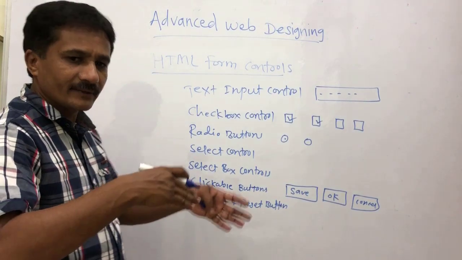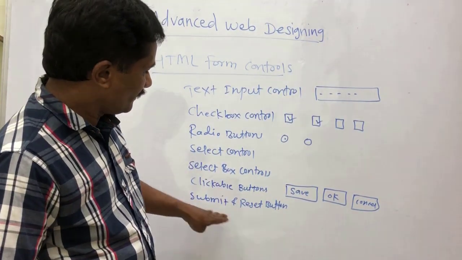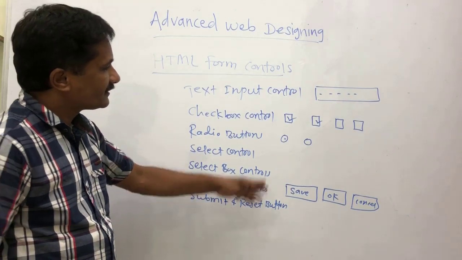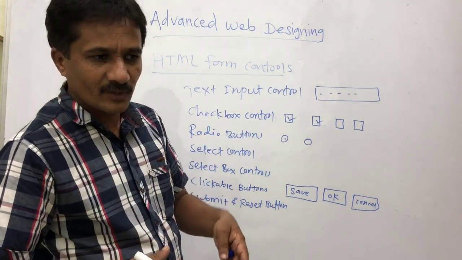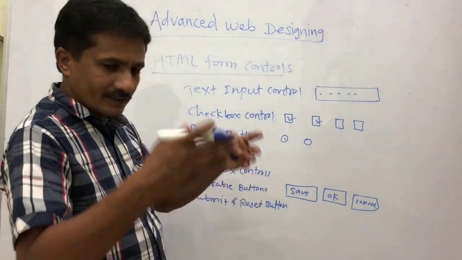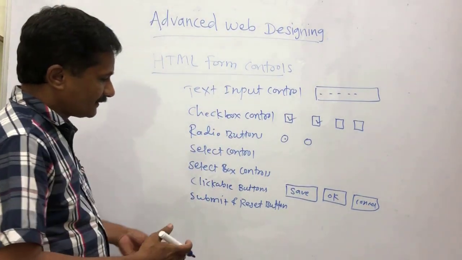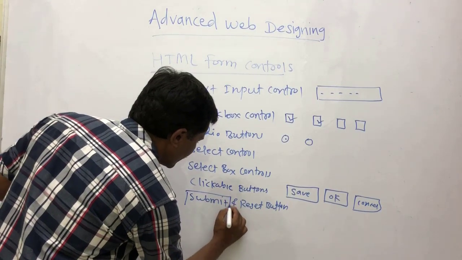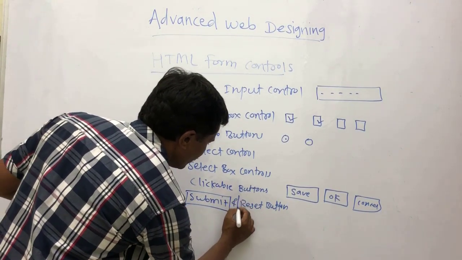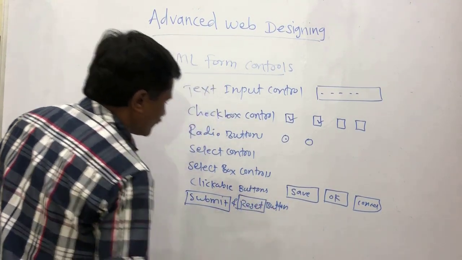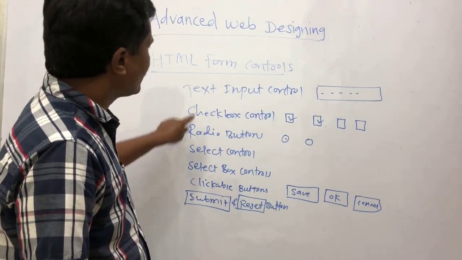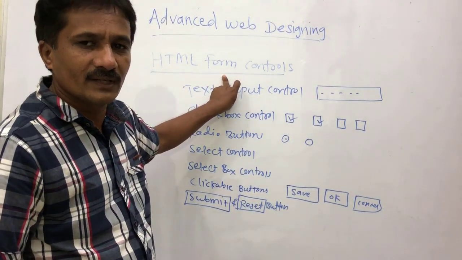This information can be stored in some database servers. Reset means user can fill some information, then click on reset, and all information is reset. You can create this type of buttons by using the submit and reset buttons. All these are the HTML form controls.